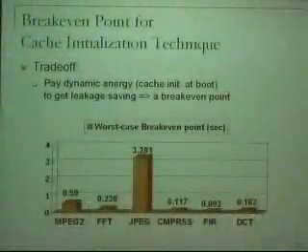Our typical implementation was on 0.18 micron. So these values are actually worst-case break-even points, because if you're talking about 90 nanometer, then the power consumption of the M32R processor should also come from 90 nanometer, but these results are from 0.18. But as you see, in most applications, it is a fraction of a second.